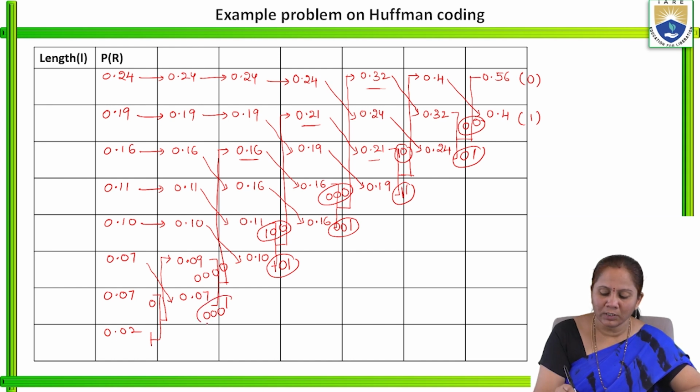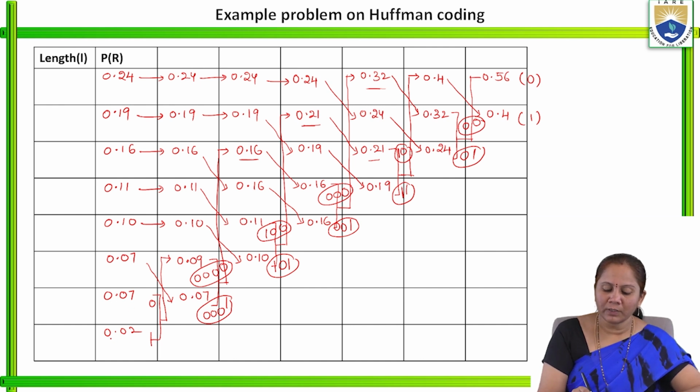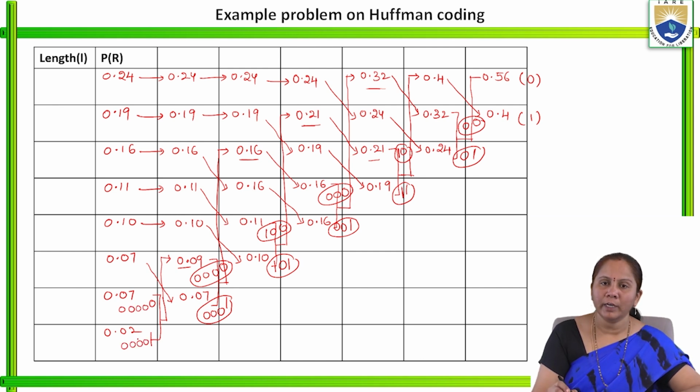So this is the length. Now 0.07 and 0.02, if we add these two, we got 0.09. Its code is 4 zeros. So 4 zeros should be included.